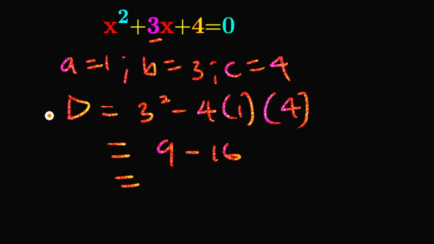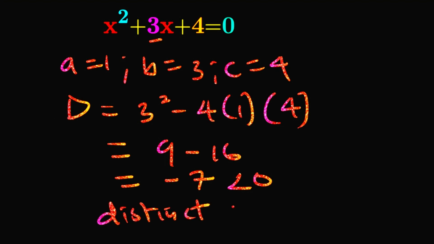So that will be negative 7, which is less than 0. When the discriminant is less than 0, the quadratic equation has two distinct complex roots.